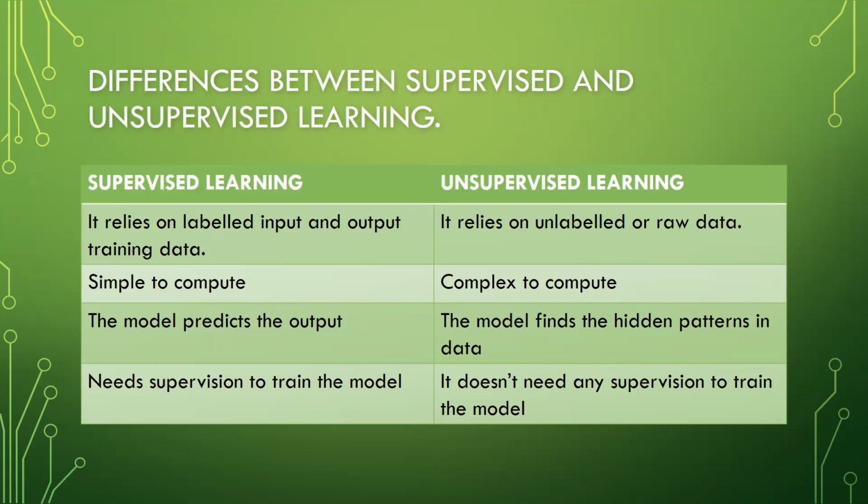The differences are below. Supervised learning is not complex and is very easy to compute, while unsupervised learning is very complex. Supervised learning needs supervision to train the models, as the name suggests, while unsupervised learning does not need any supervision in the training mode.